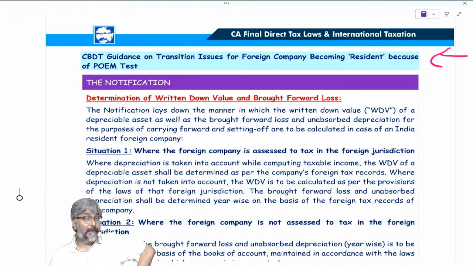Because of this concept, students, it is considered to be a resident in India.